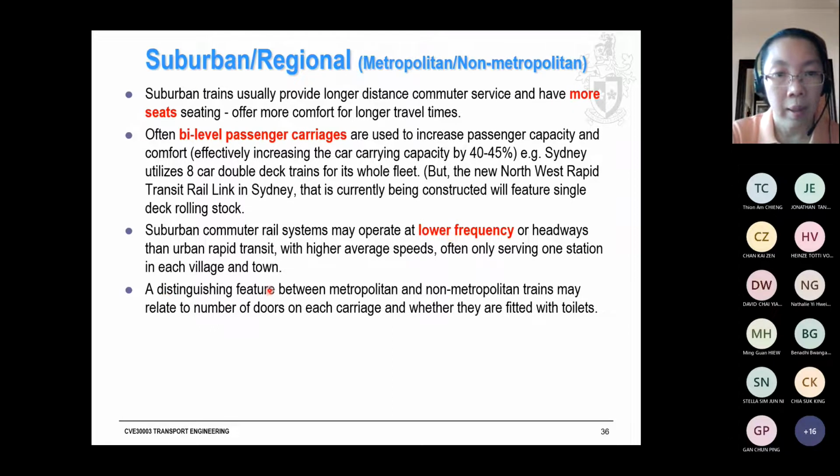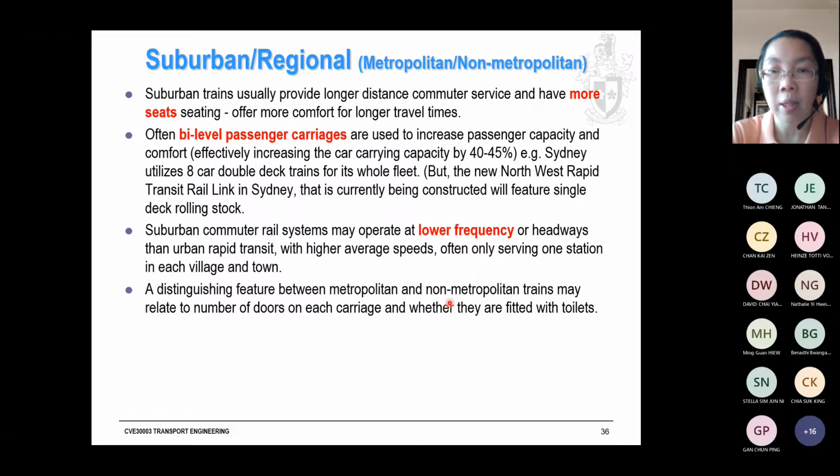A distinguishing feature between metropolitan and non-metropolitan trains may relate to the number of doors on each carriage and whether they are fitted with toilets or not. Now, usually what we see is that metropolitan are big cities. Non-metropolitan are smaller cities or even towns, usually further apart. And metropolitan, usually it's closely spaced, closer together. So if it is closely spaced, we are talking about more doors.